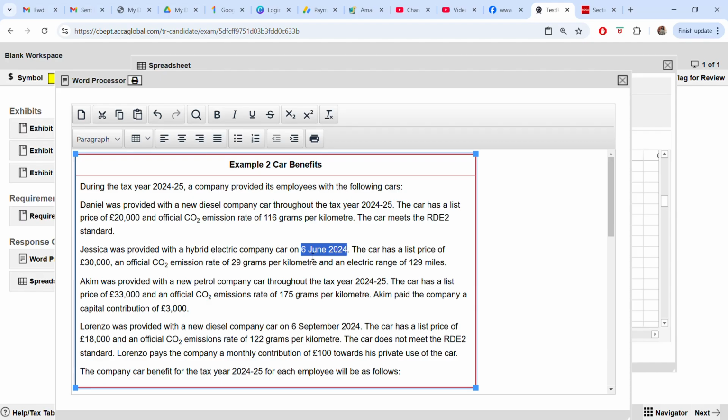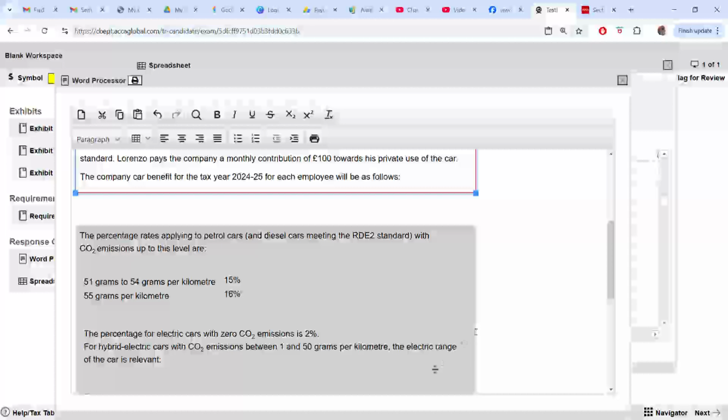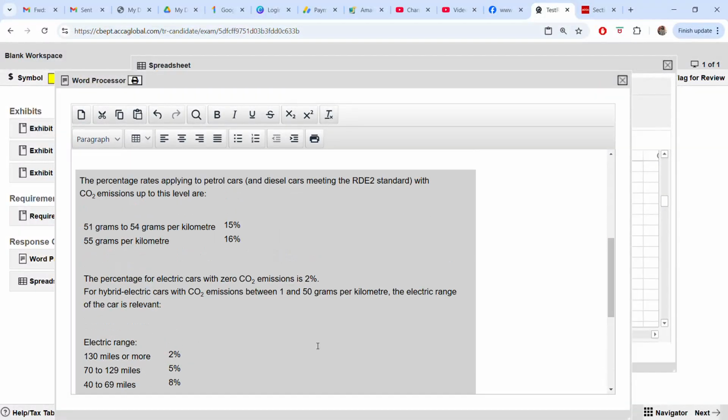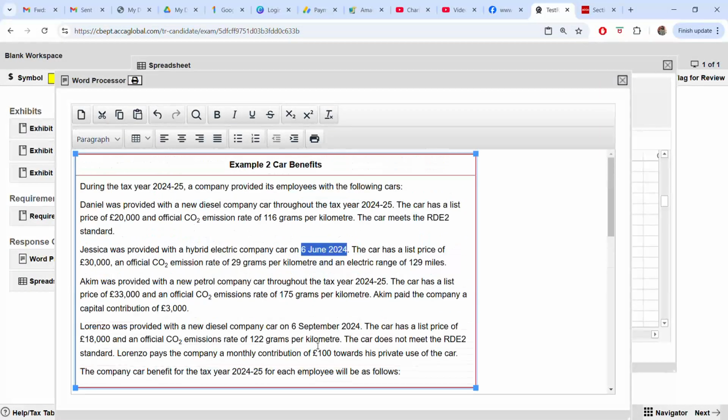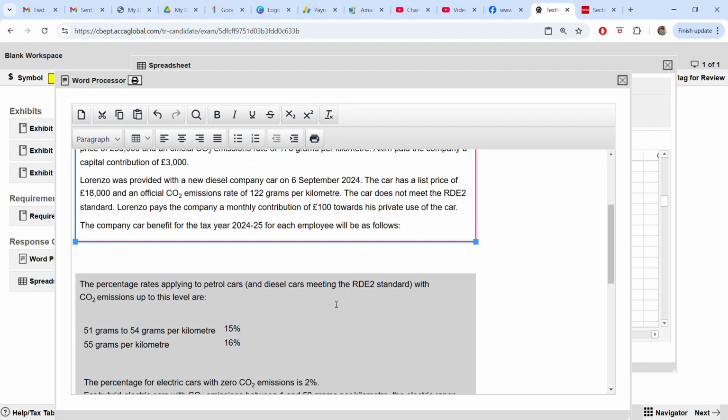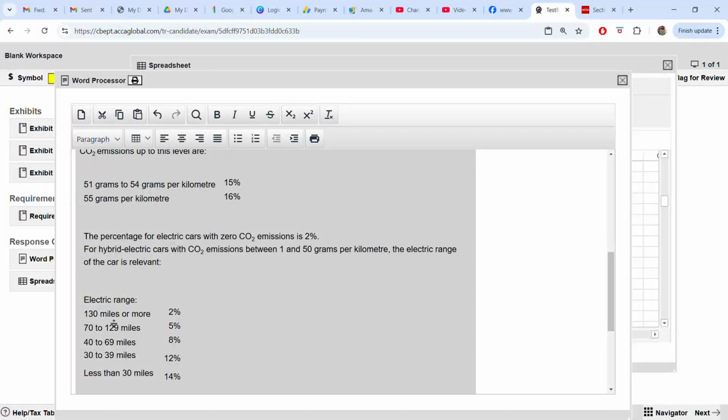So 10 months you are using it. And because it's a hybrid electric car, you have to use this table. What is the mileage? It is 129. So the percentage is 5%.